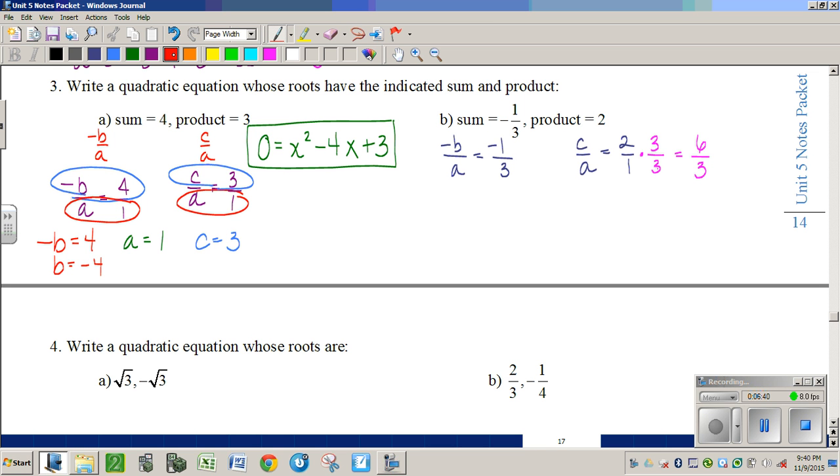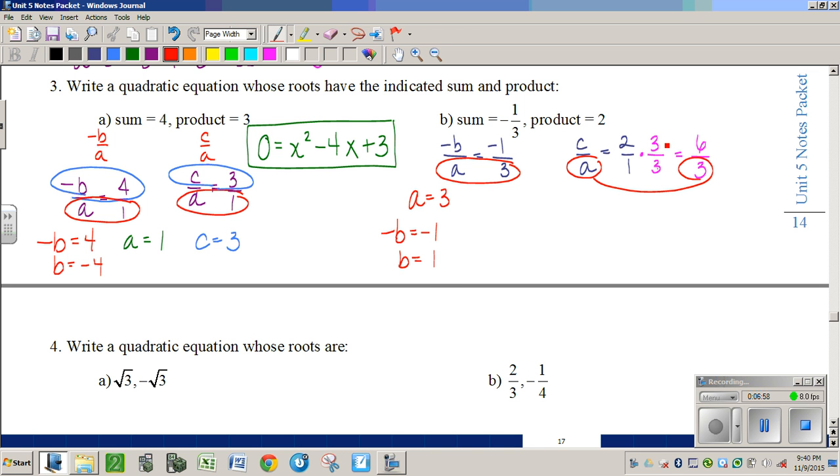So what I did was I made my A value 3. So we've established that A is 3. If negative B is equal to negative 1, then B is just equal to 1.